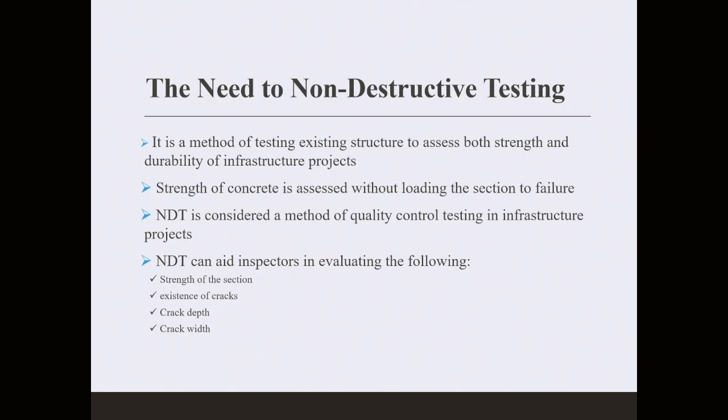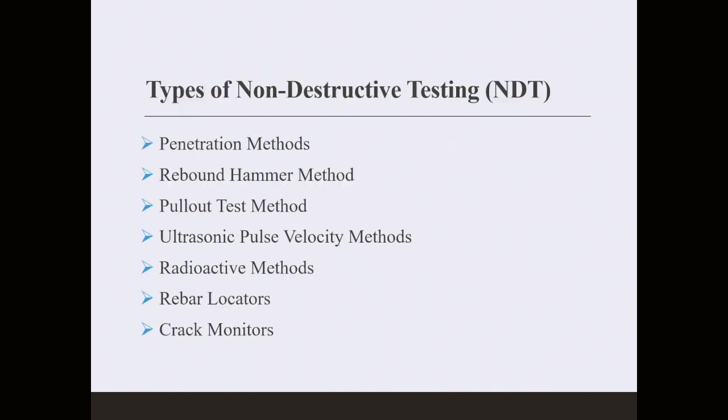We can quantify voids or pockets within the soil or within a concrete section. You can identify corrosion, location of pre-stress bars or reinforcement bars in a concrete section in a bridge project. Also, you can detect cracks and see where the cracks are and their pattern.